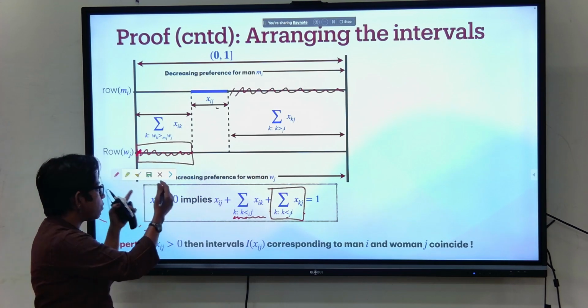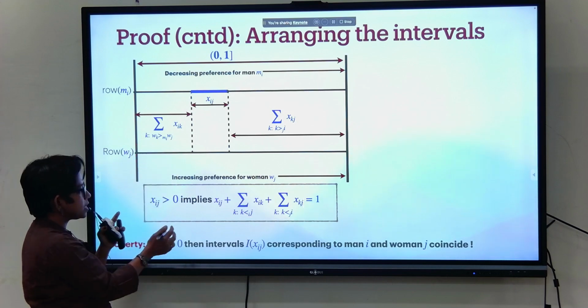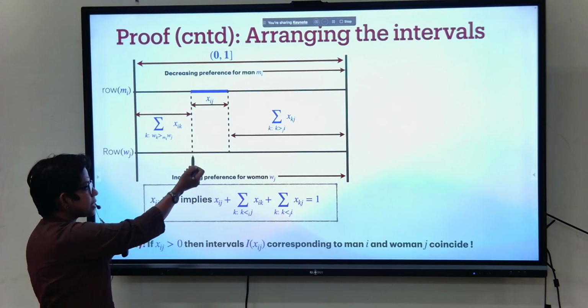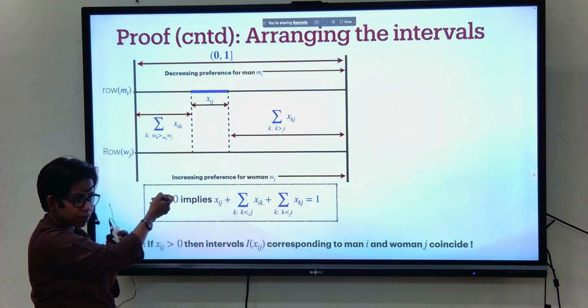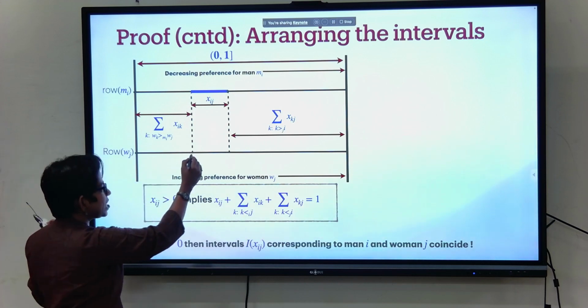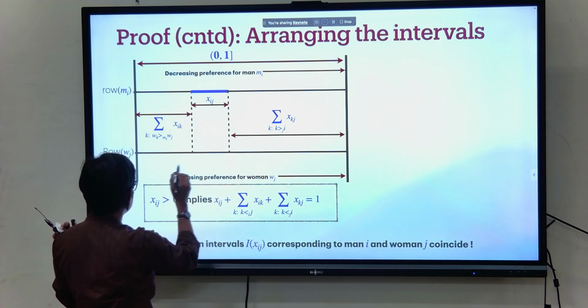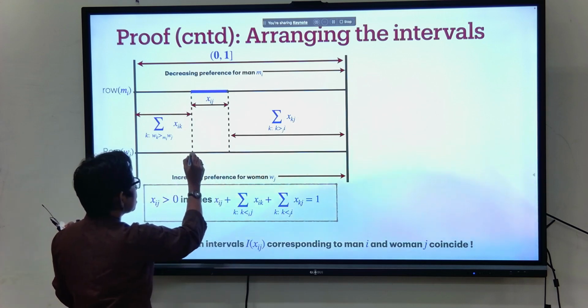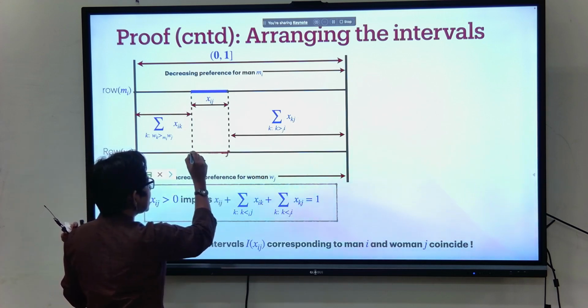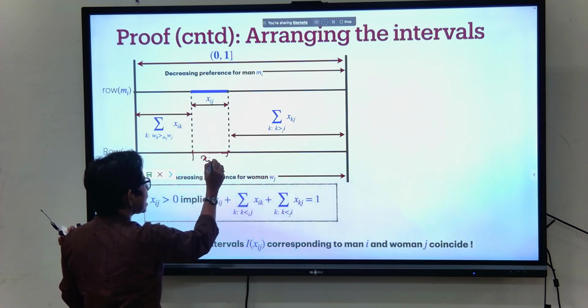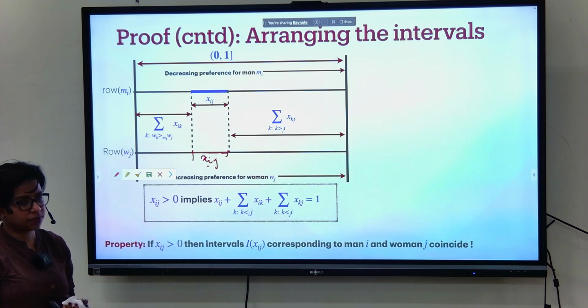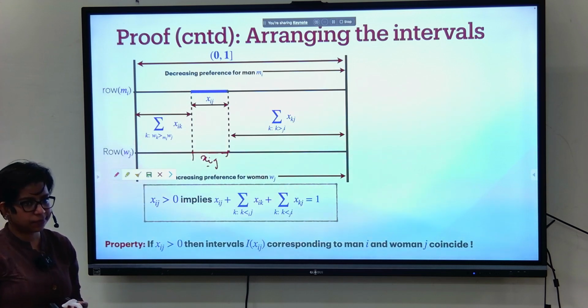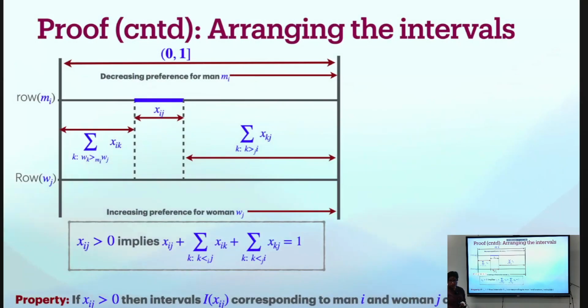Remember, from the women's perspective, our arrangement was such that whoever is on this side, they are liked less by the women, right. So, this segment here is actually the xij segment, but from the woman j's row. Got it?